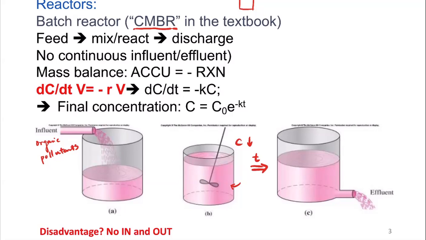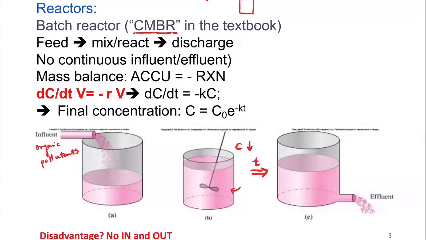So if we want to calculate how the temperature change as a function of time, then we need to use the mass balance equation again, right? So we have the accumulation term equal to in term minus out term minus reaction term. But what we're trying to solve is the process that's just happening in here, okay?